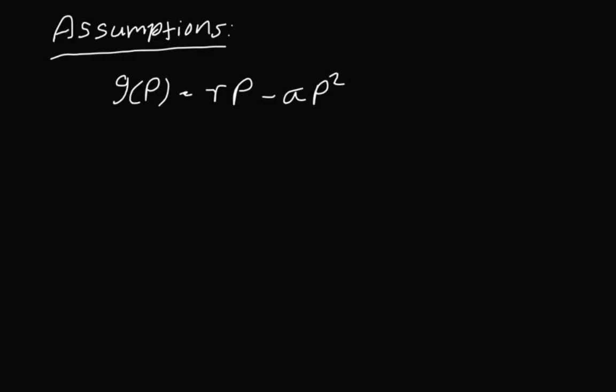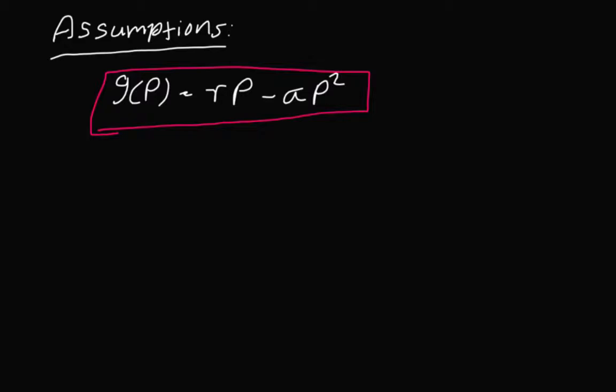So here R is the intrinsic growth rate and A is a measure of the strength of resource limitations. Okay, we should use this equation.